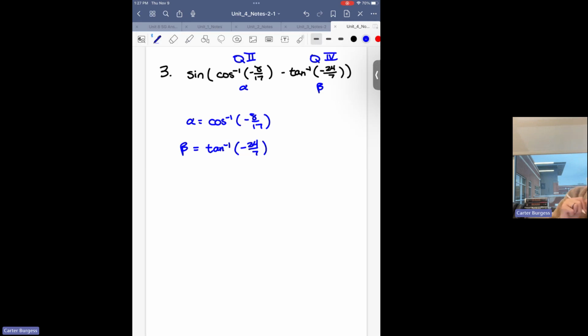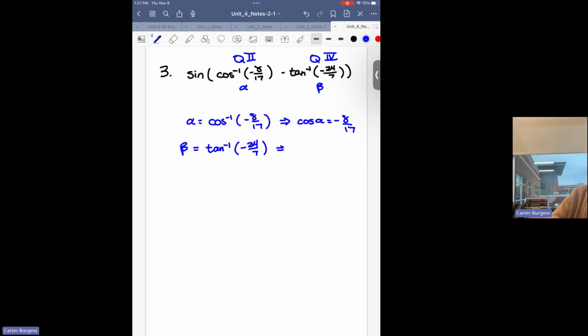All right. If alpha is equal to cosine inverse of negative 8/17, how can I rewrite this? Cosine of alpha, cosine of the angle, is equal to negative 8/17.